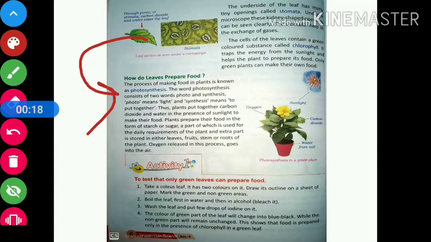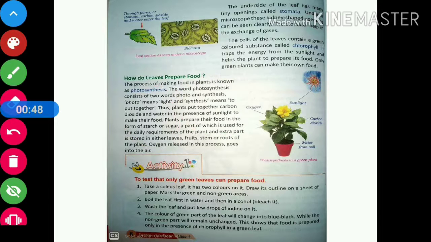So the process of making food in plants is known as photosynthesis. I repeat the definition. The process of making food in plants is known as photosynthesis. Now the word photosynthesis consists of two words. What are those? One is photo, which means light, and the other is synthesis, which means to put together.